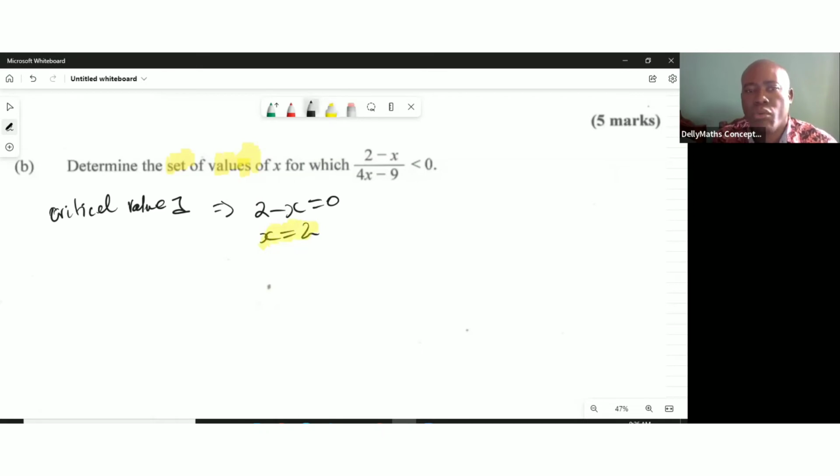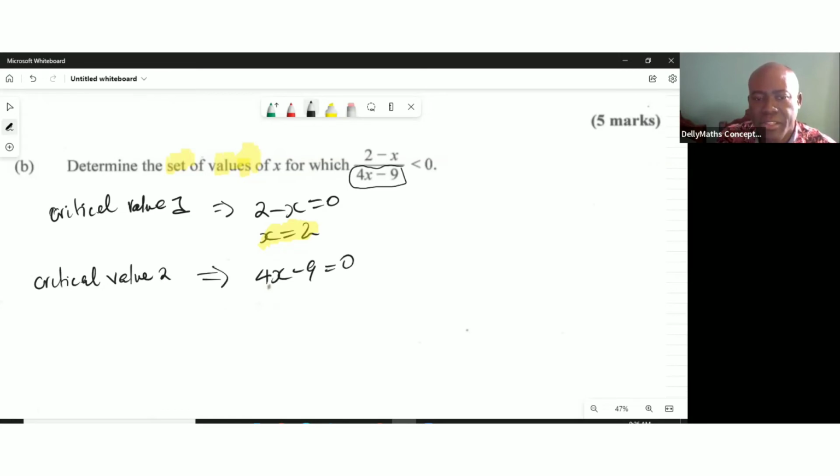All right, let's go for the next now. We also know that when we have a rational number, our denominator cannot be 0. So we want to know what value would have made the function undefined right here. So we'll set the denominator to 0 to get critical value 2. For critical value 2, I'm going to use 4x minus 9 and set it to 0.